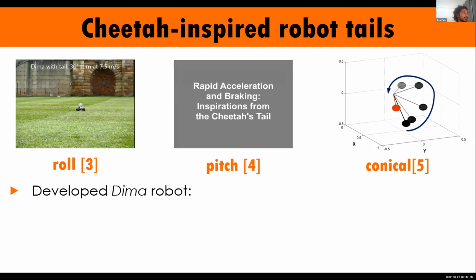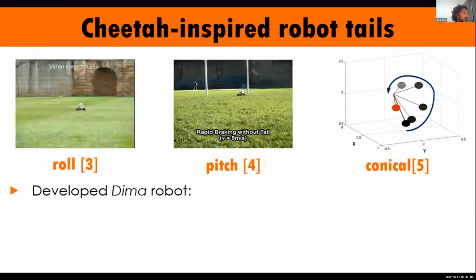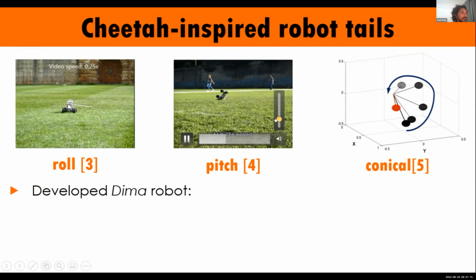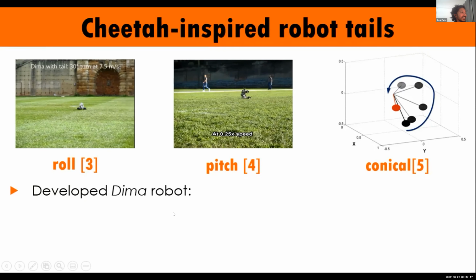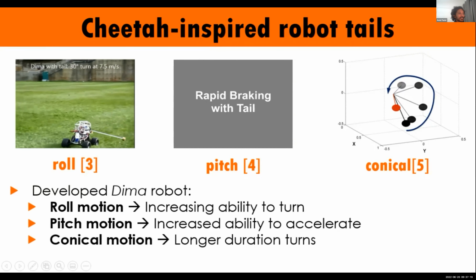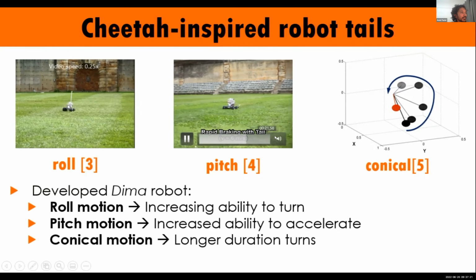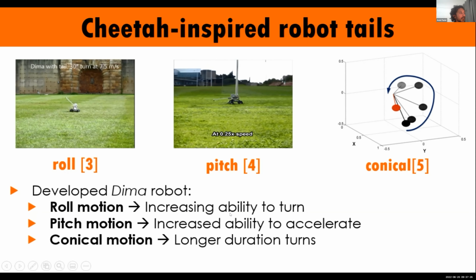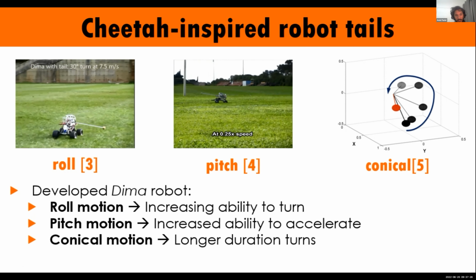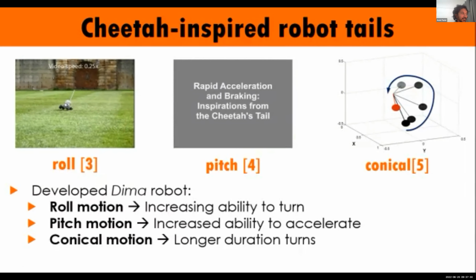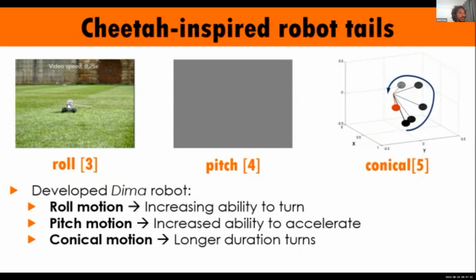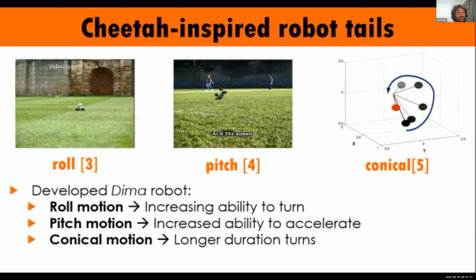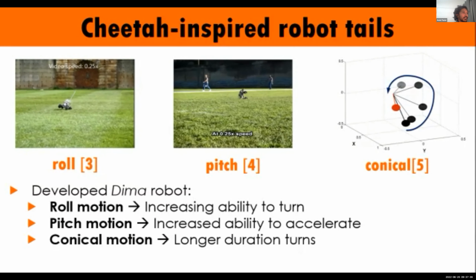So I developed this robot called Dima, and it comes from a Sotho word, which is a South African language, and it means flash of lightning. And what we discovered is the motions that we saw in the roll axis, on the left, are able to increase a robot car's ability to rapidly accelerate. And then also the motions we saw on the pitch axis are able to increase the ability of the car to rapidly decelerate or accelerate. You can see the videos.